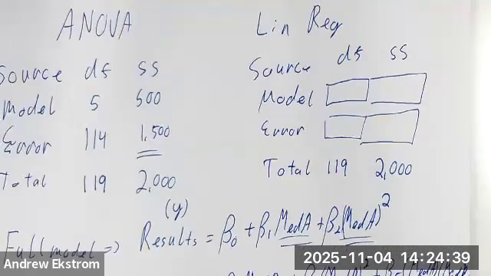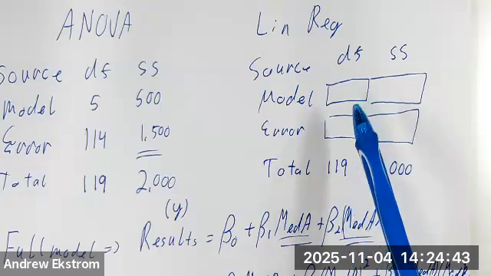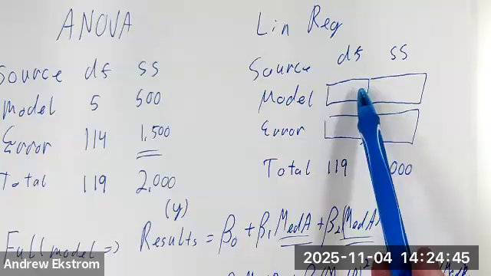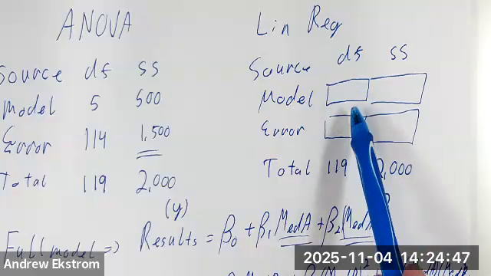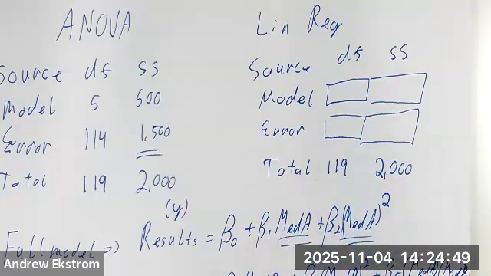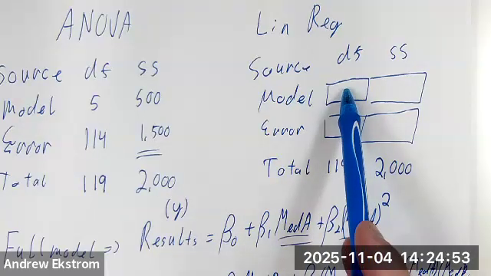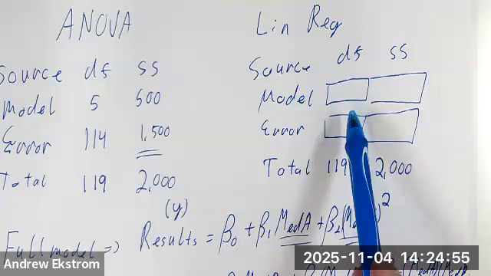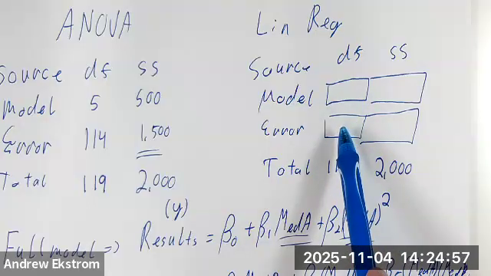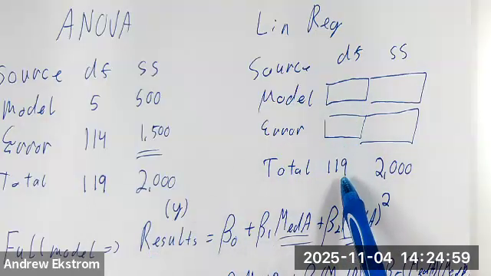So we're going to be using software for this, so you don't need to worry too much. But keep in mind, when it comes time for these, you have to look at how many significant terms there are. That's what goes in here. The error here is still going to be, say, total minus the number that's in the model.